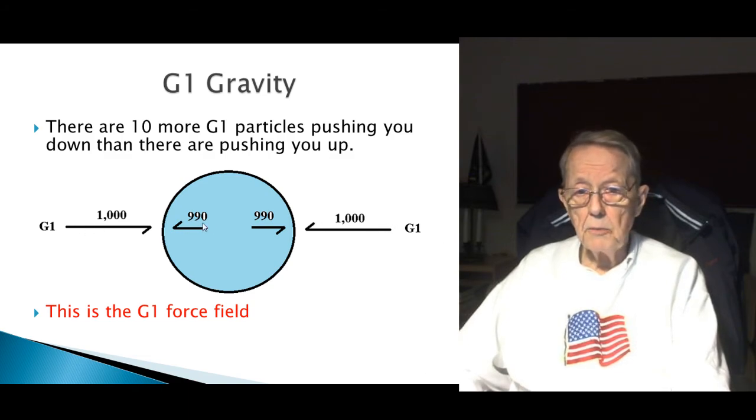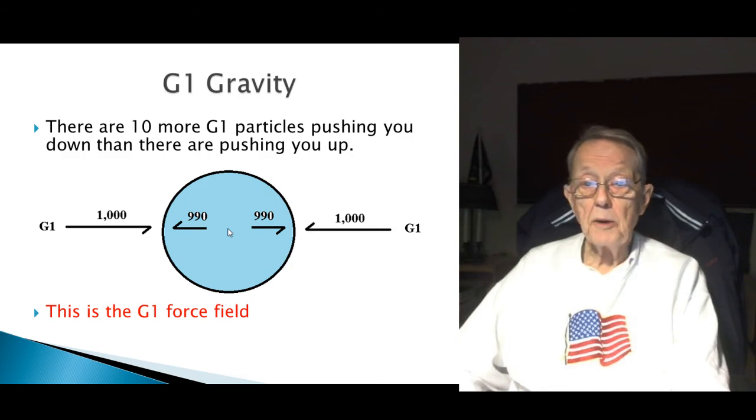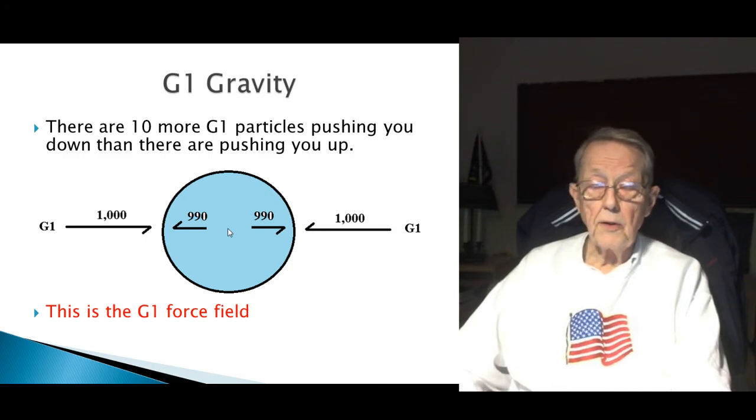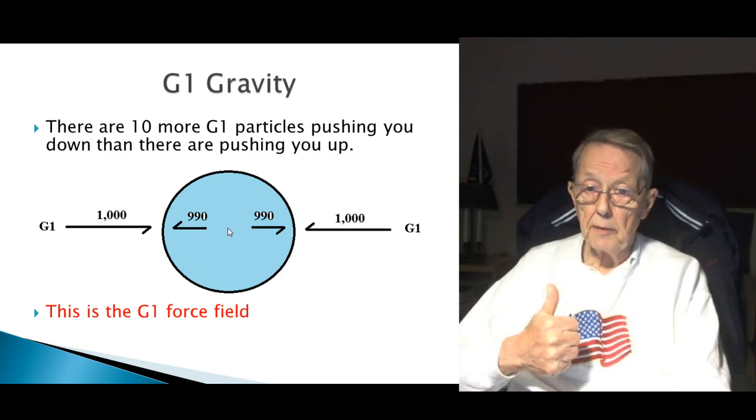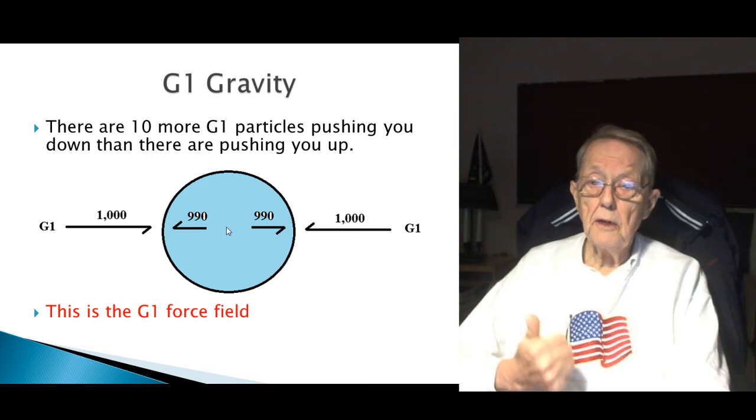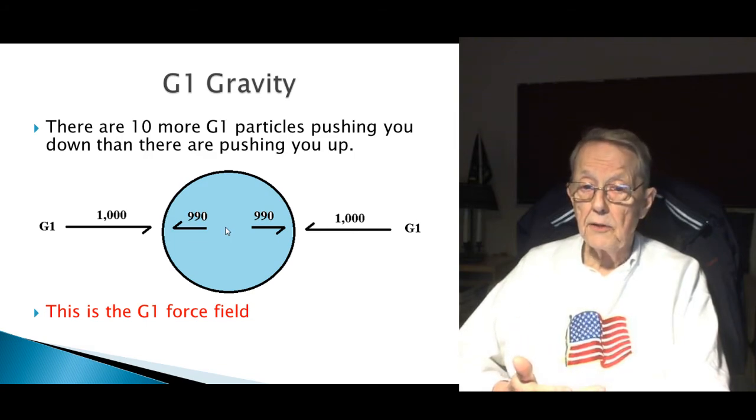As these 1,000 move through, 990 of them pass through. 10 of them hit an atom in the Earth and scatter, or they get trapped. Remember the interactions: the particles can pass through, they can hit or scatter, or they can get trapped.